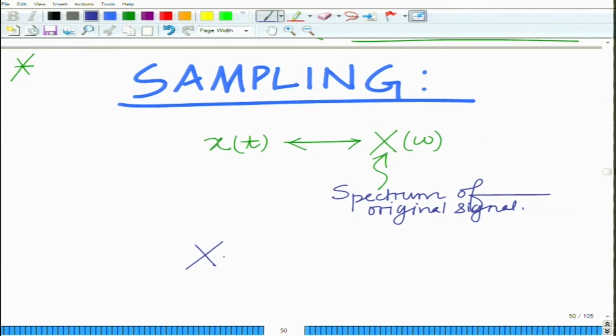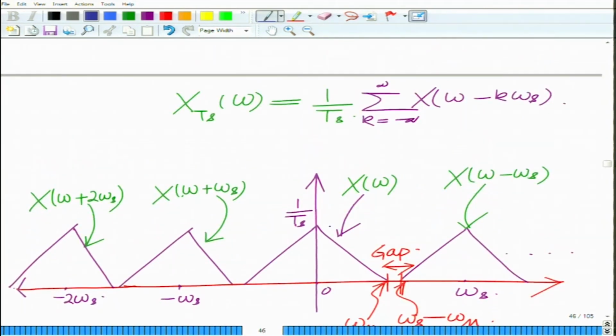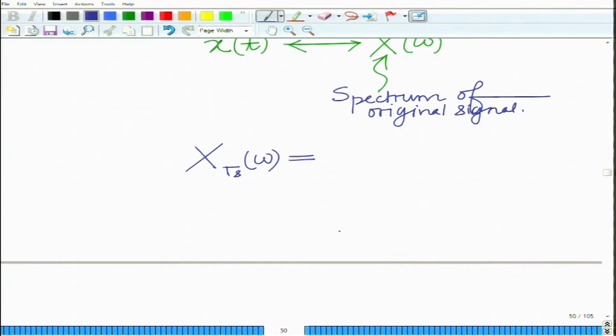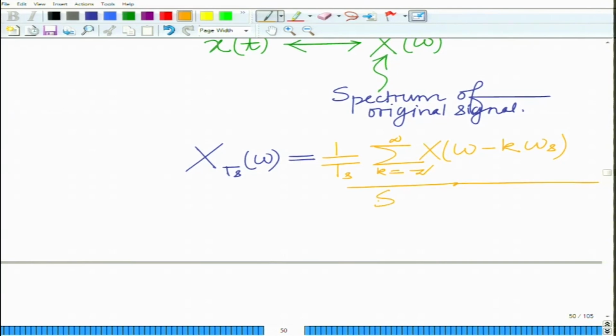The spectrum of the sampled signal, that is your X_s of omega, this is the spectrum of the sampled signal, that you can see is basically given as 1 over T_s, summation k equals minus infinity to infinity X of omega minus k omega_s, that is basically shifted by k omega_s and adding for all k, that is adding for all shifts.